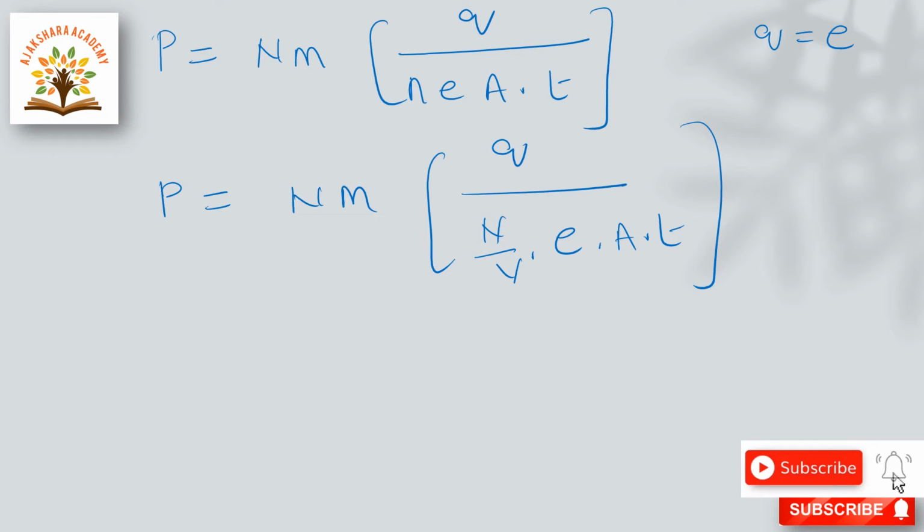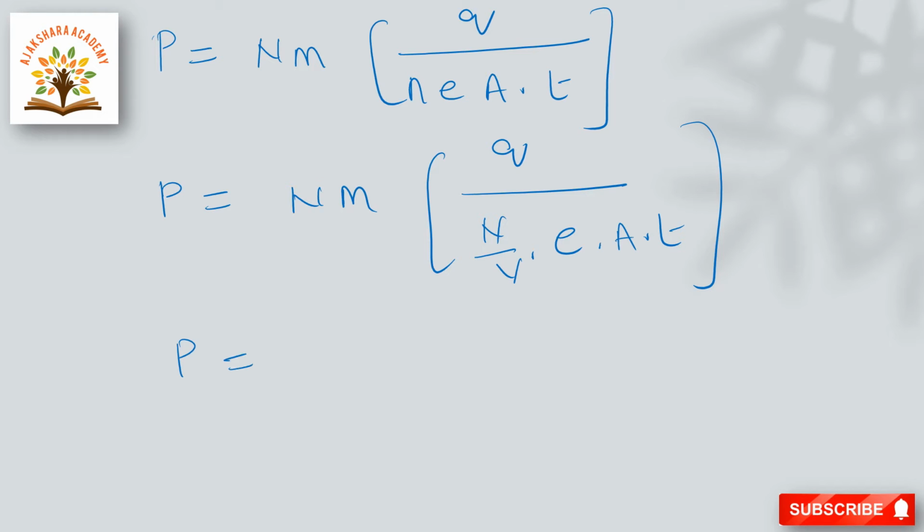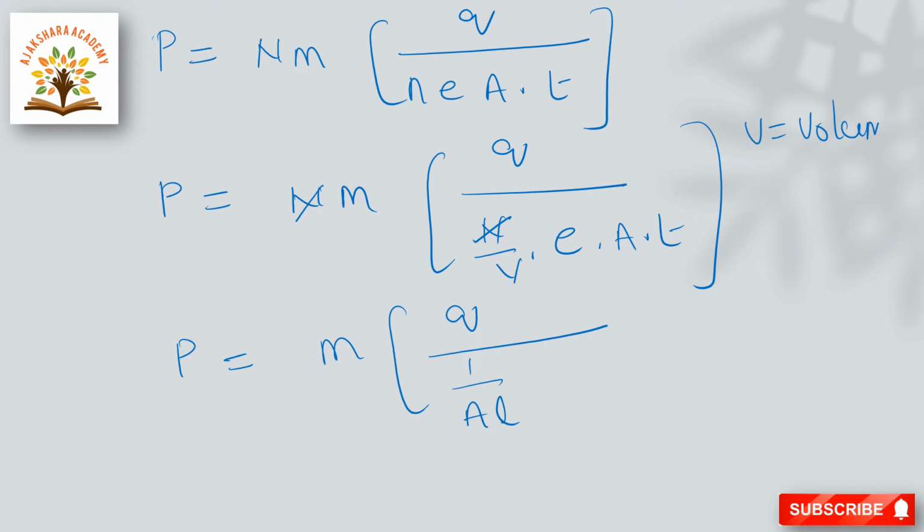So P is equal to, here this N gets cancelled, m into Q by V, which is nothing but A into L. Here V represents volume. Volume V is equal to A into L. So EA into T. This A gets cancelled.